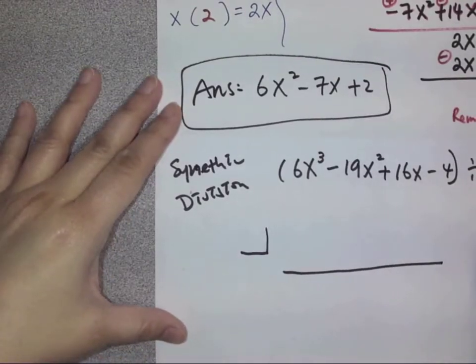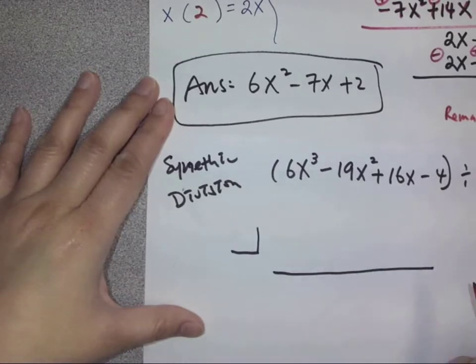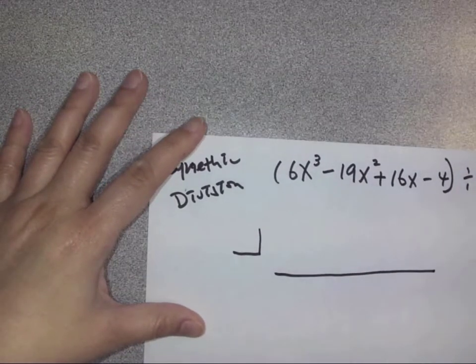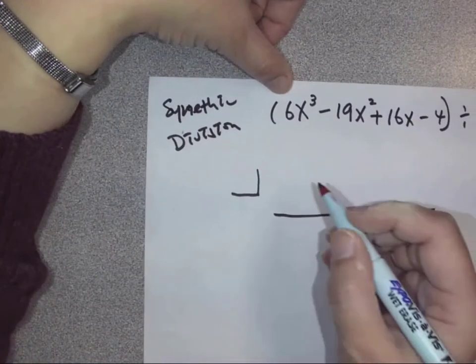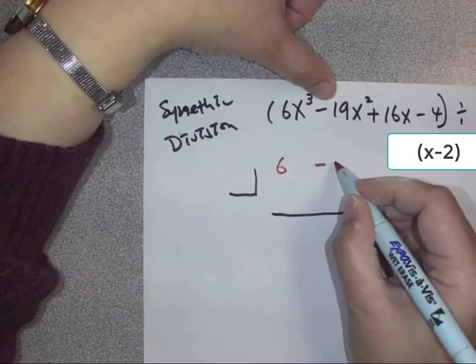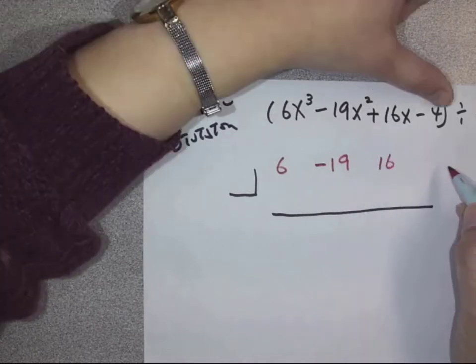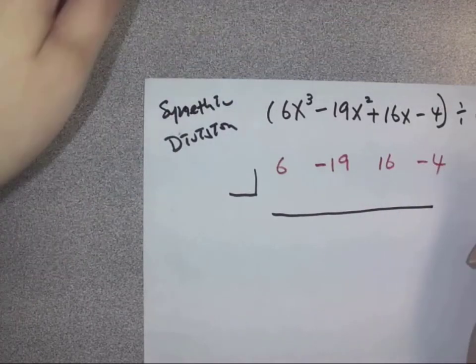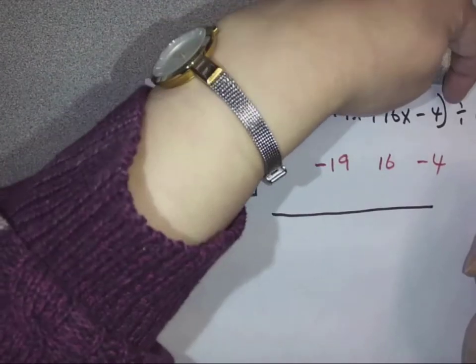Alright, so what do I put inside there? Your dividend, but just the coefficients, right? So we have 6, negative 19, 16, negative 4. Make sure this is in order, x cubed, x squared, x and number, right?